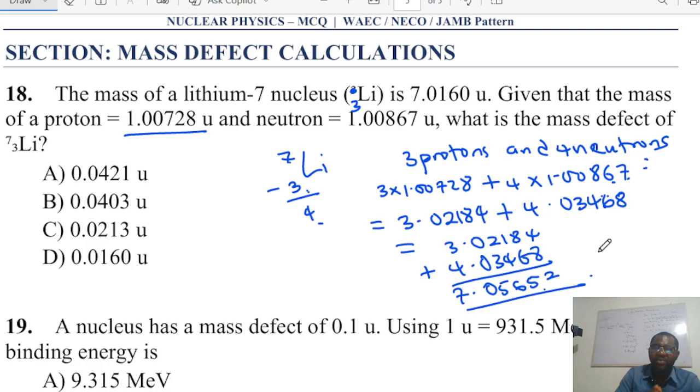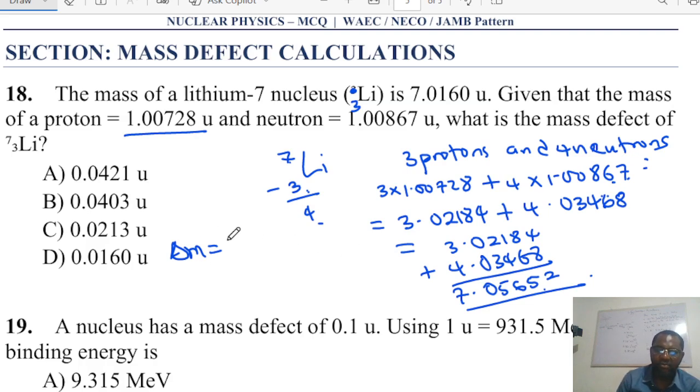Now this is where binding energy comes in. The mass defect is going to be the total mass of the protons and neutrons minus the mass of the atom itself. This is how energy is produced. This is what binding energy is all about: the difference in mass between the protons and neutrons and the element itself.